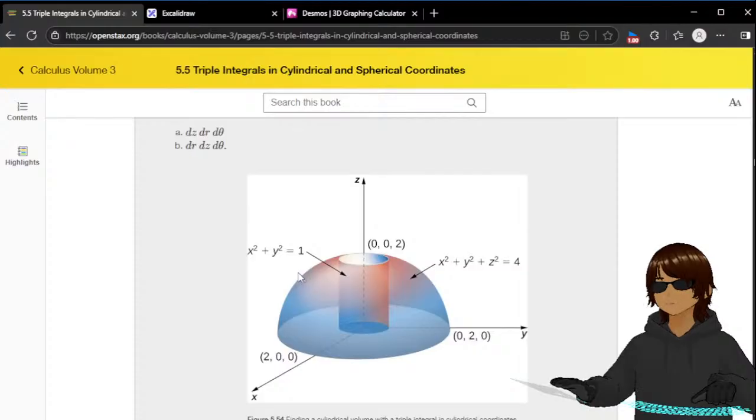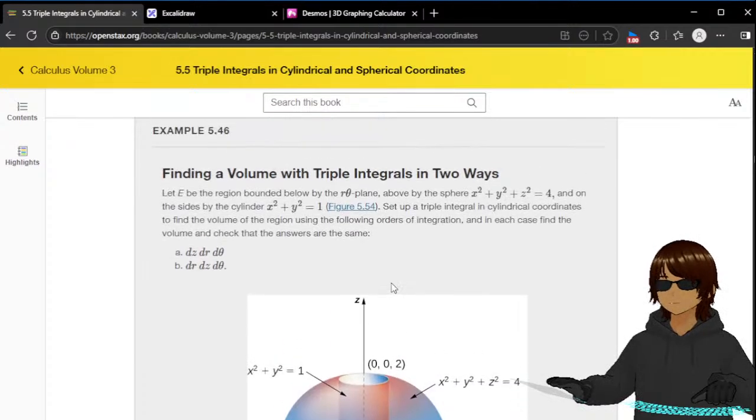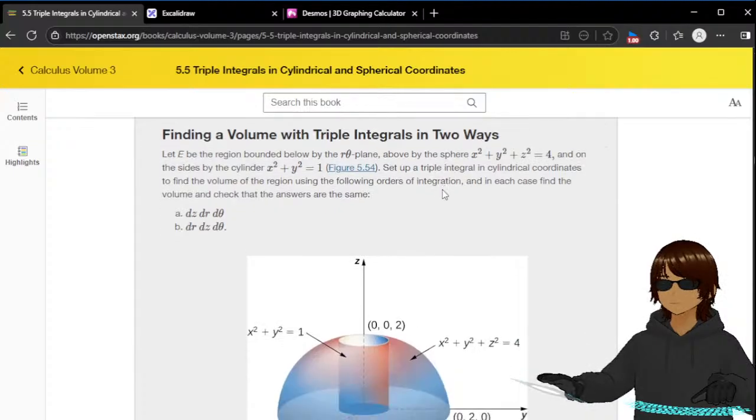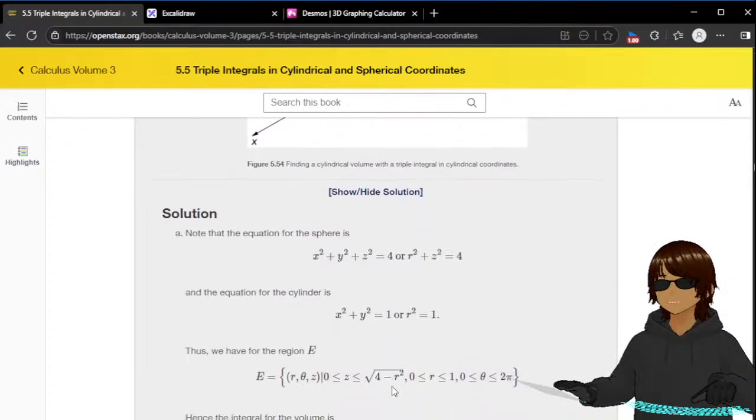R should go from 1 to this endpoint, the sphere, right? And theta goes from 0 to 2 pi.